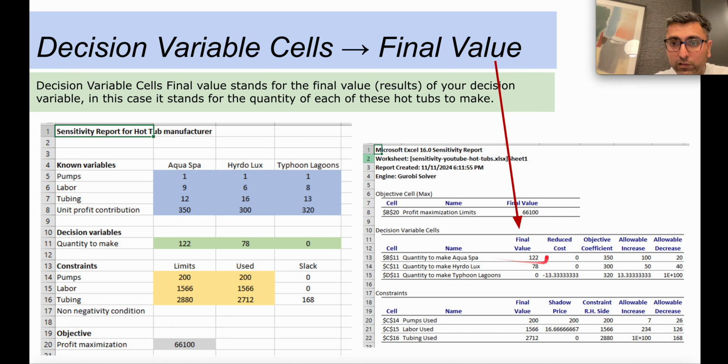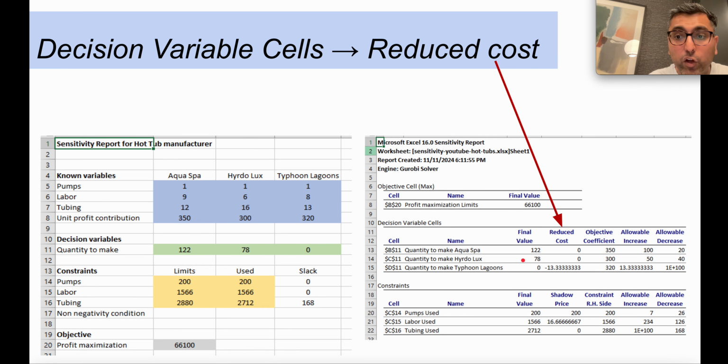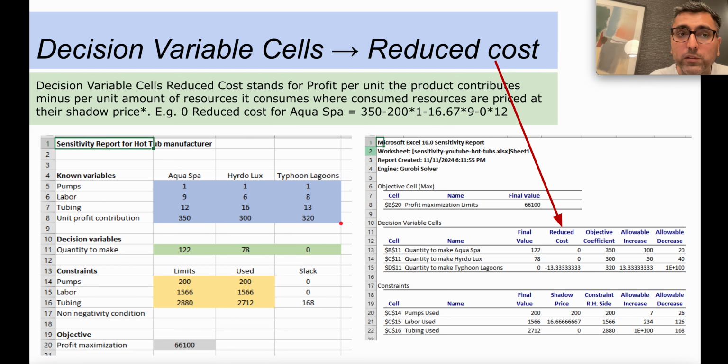So that's how you interpret this first column of decision variable cells. These are the variables, and it's telling you the optimal solution. Second one, reduced cost within decision variable cells. The reduced cost stands for profit per unit produced minus the amount of resources it consumes.